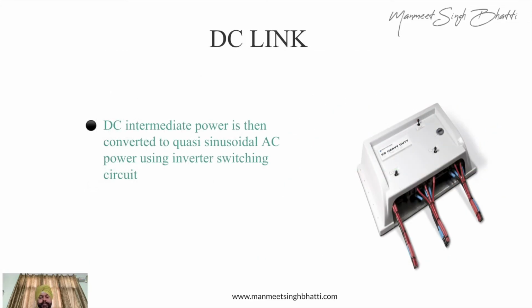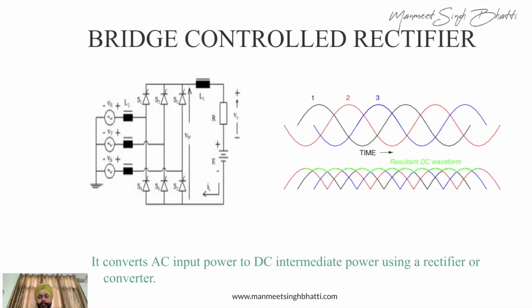The next step is the DC link. Basically the job of the DC link is to convert the complete rectified wave into a quasi-sinusoidal one. What it means is, if you see in the last waveform, the waveform is getting a lot of sawtooth kind of output.